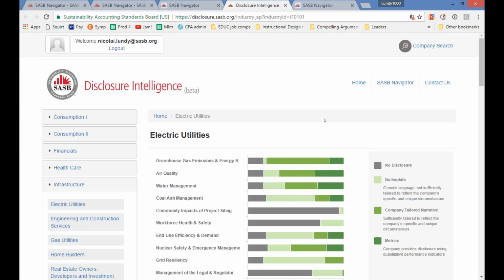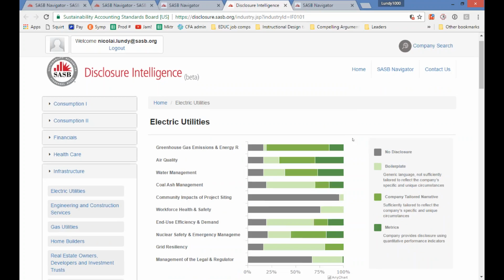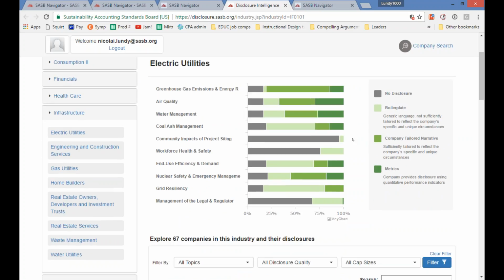When you need to see what companies are saying about SASB topics, we've got over 4,000 companies. We've analyzed and captured 80,000 excerpts and surfaced all of that in this disclosure intelligence element of the SASB Navigator.